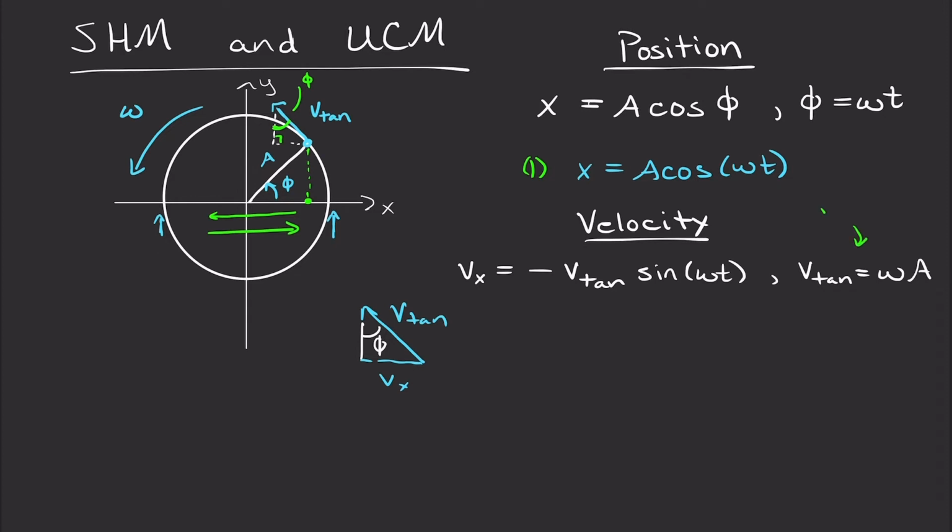So this comes from v equals r omega. And so now, if we plug that in, we can get our expression for velocity. So vx will just equal minus, our minus sign, times v tan, which is omega A, and then times sine omega t.